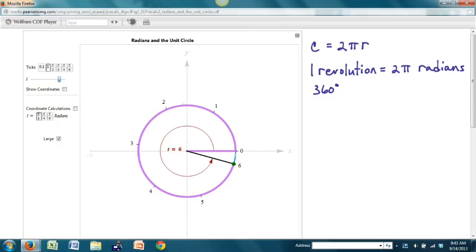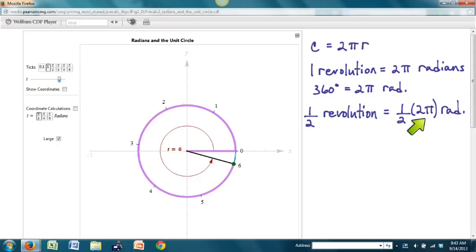So we can say that 360 degrees is equal to 2 pi radians. Now, instead of a whole revolution, we could talk about a half revolution. Well, if 1 revolution is 2 pi radians, then half a revolution is going to be half of 2 pi radians.